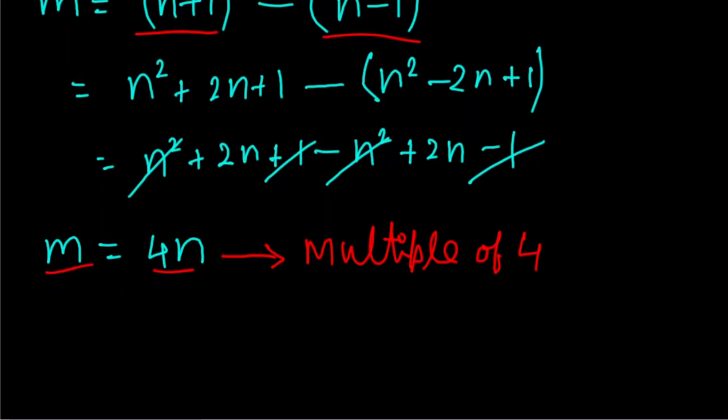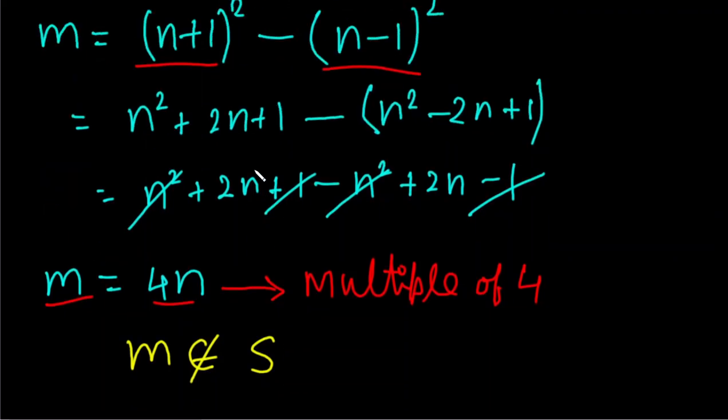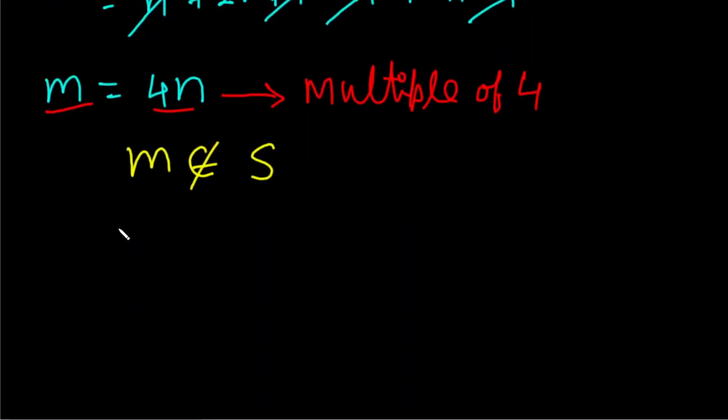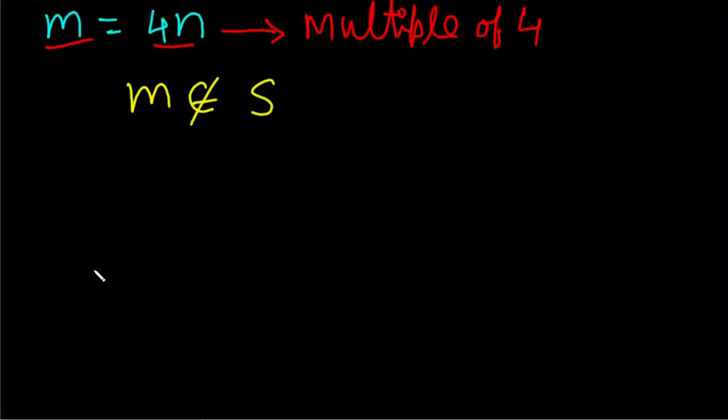So again, m cannot exist in our solution set because our solution set consists of only the numbers which cannot be expressed as the difference of the squares of two integers. There are a lot of possibilities like this you can consider. Let me just consider a few more possibilities.